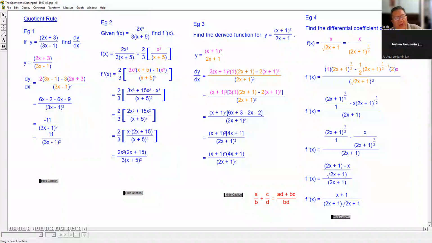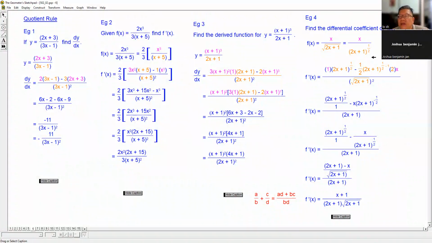Differentiate the top, keep the bottom, differentiate the bottom, keep the top, then divide by the bottom squared, right? Okay, so I differentiate the top, the pink color, becomes 1. The bottom is 2x plus 1 to the power half, so I copy back exactly what is at the bottom there.